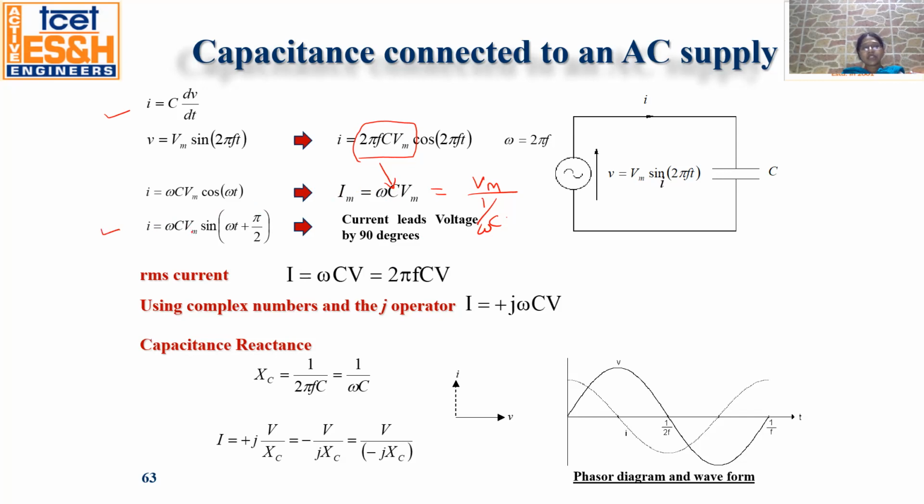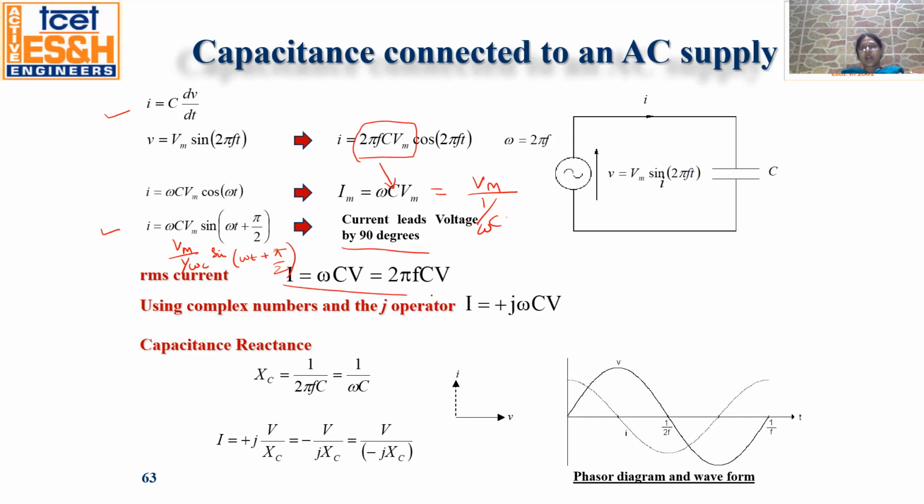And you can also write the current as Vm times 1 by omega C into sin(omega t plus pi by 2). So current always leads voltage by 90 degree.